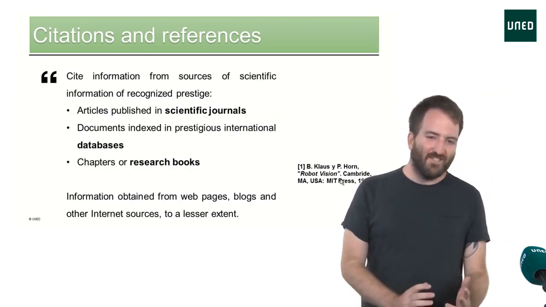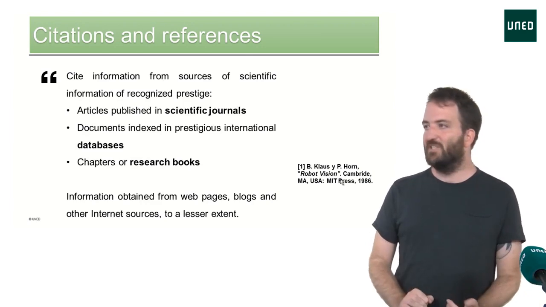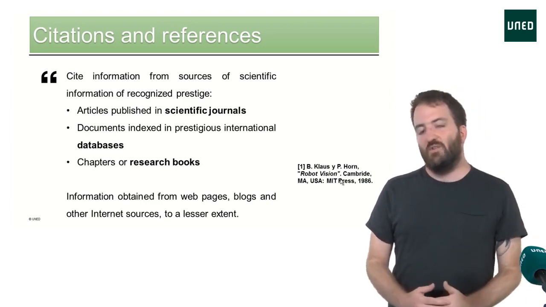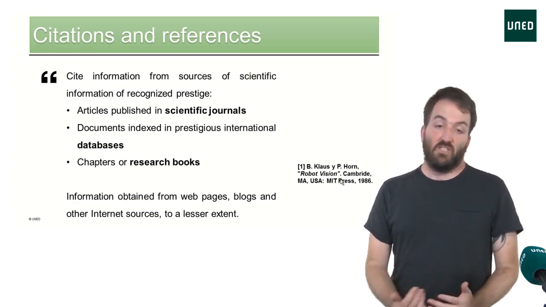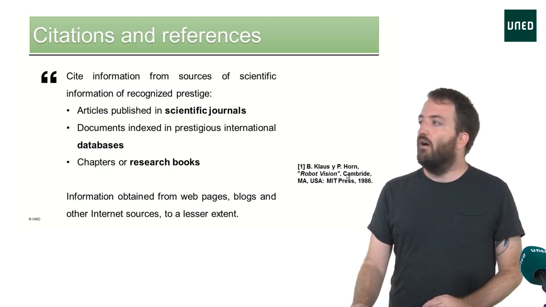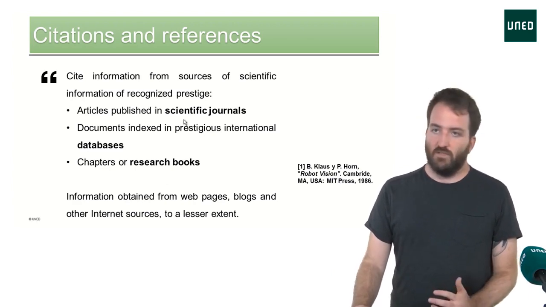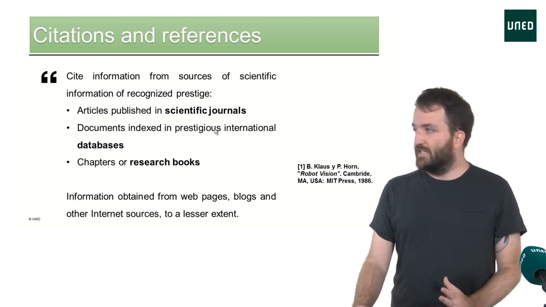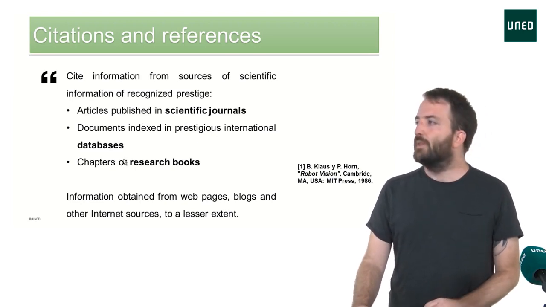Of course, it's also important to reflect on what we're citing and what we're making a reference to. Normally in academic works, you're expected to cite academic articles published in scientific journals, or any document that you may find in an academic database.